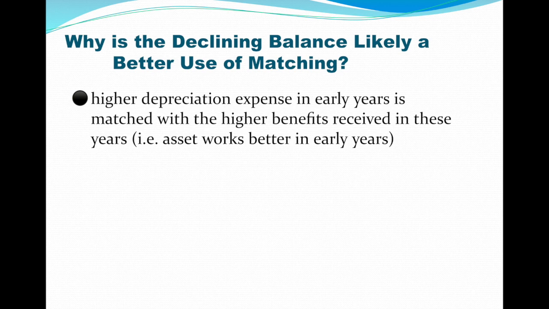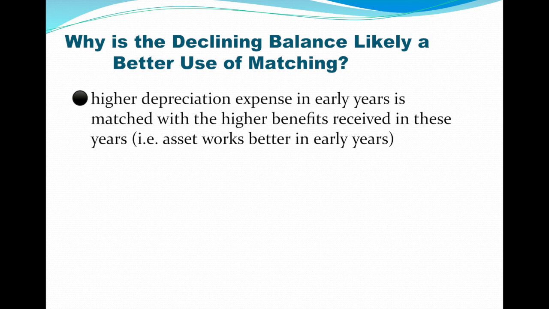So you get the best performance at the beginning, and then as time goes on, the performance lessens because for some days out of the year, it needs to be in the shop being repaired, or maybe it doesn't function as well as it used to. And so it makes sense to match a higher expense with a higher contribution to revenue, if you see what I'm saying.